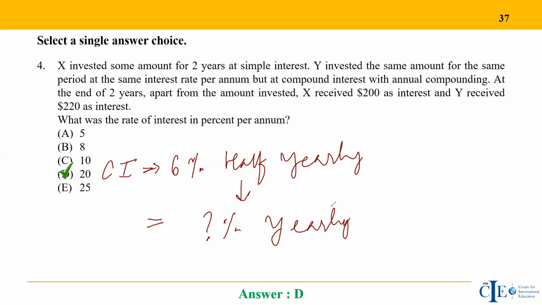It is like finding the equivalent of an R% half yearly to earn the same interest. 6% half yearly will earn you more interest compared to 6% yearly. So 6% half yearly will earn you what interest on a yearly basis, and you have to find out that equivalent value. All right, try this out.